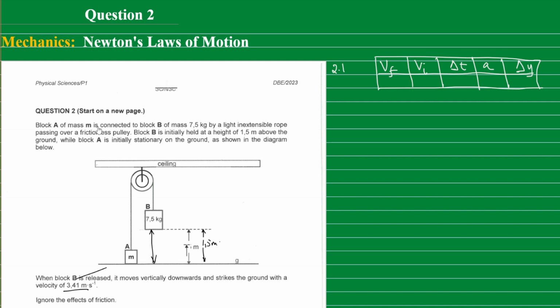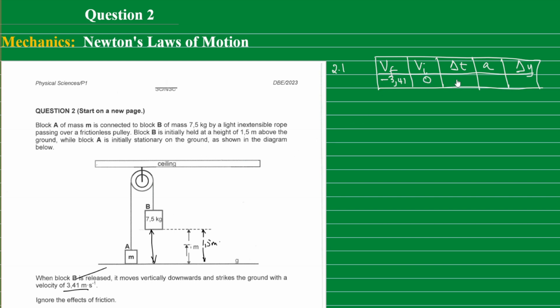3.41. I always prefer to take the upward direction as positive, meaning that anything moving down, I will take as negative. So the ball strikes the ground with 3.41 meters per second, moving down, so the final velocity is negative 3.41. Initial, it was at rest, so it will be 0.